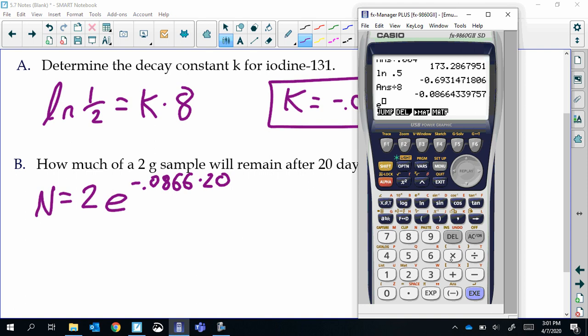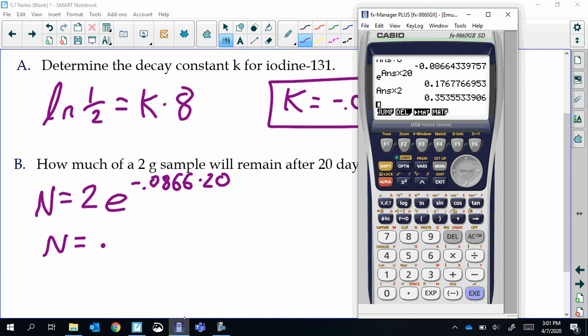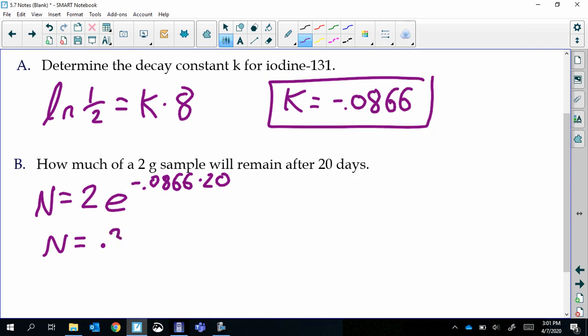We can just do shift answer times 20. So that takes care of our E part. Then we have the times 2. That's the only part left in our formula. And let's see, what did we say? 3536. Which fits with what I said. I said it would be less than half of a gram because it gets cut in half, and then a little bit more.